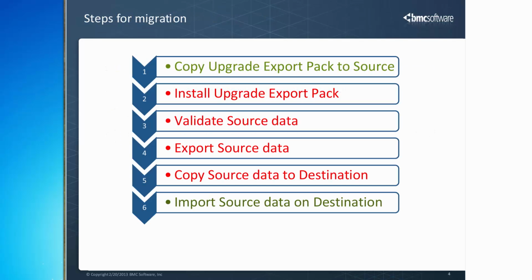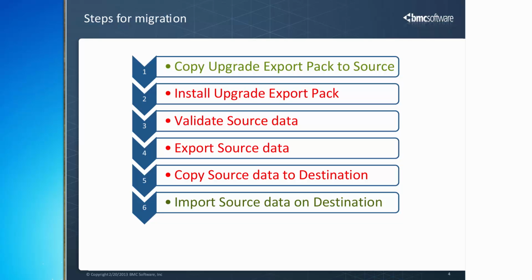Moving forward, I'd like to give you a brief overview of what we're going to be doing for the upgrade itself. You can break it down into 6 fairly concise steps. First, copy the upgrade export pack, which is installed with the base release of version 8, to the source environment. Install that upgrade export pack on the source.